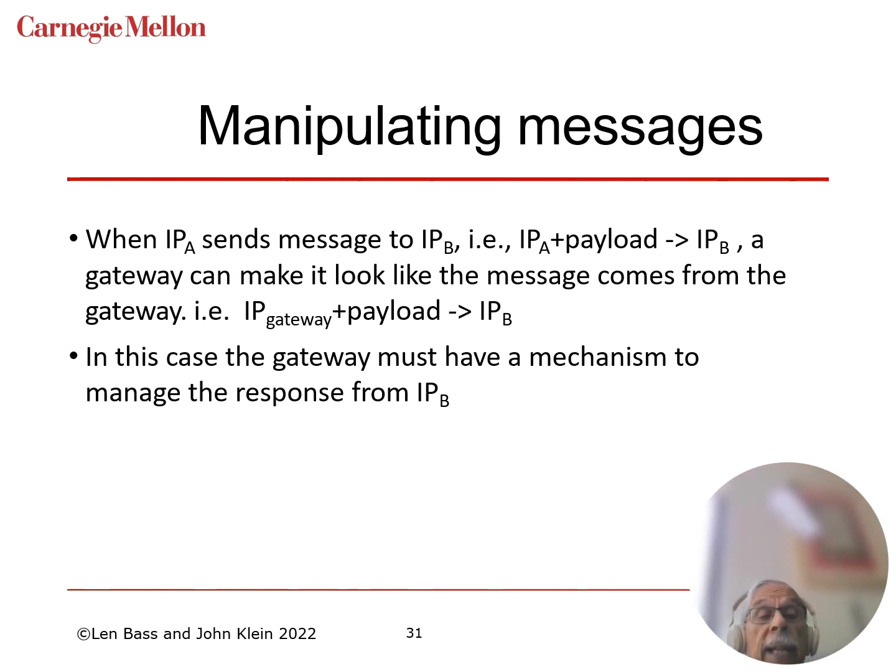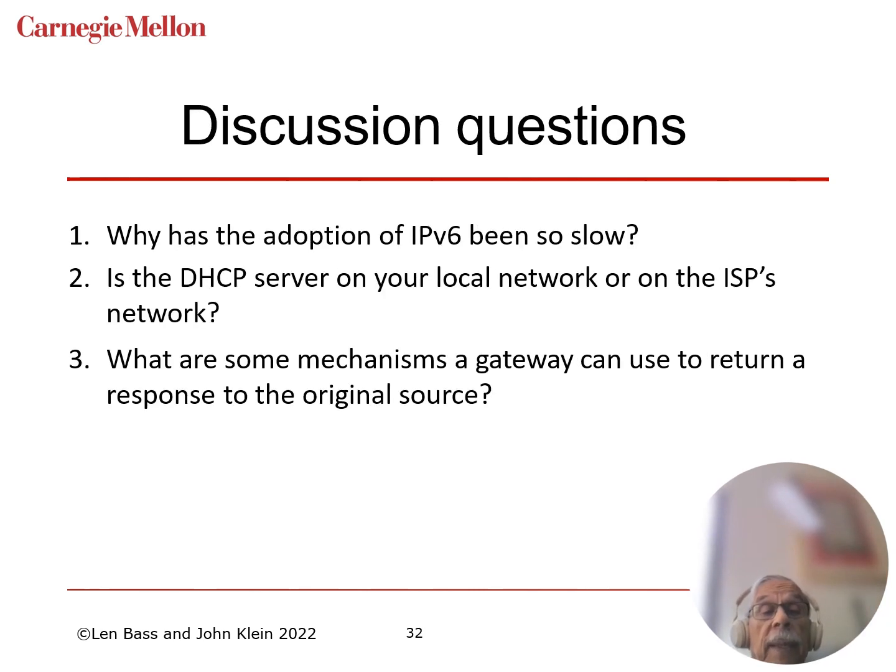So when IPA sends a message to IPB, which includes a payload, then a gateway can make it look like the message comes from the gateway by changing the source. And so the response will come back to the gateway, and the gateway has to have a mechanism to manage the response and send it back to the original sender.